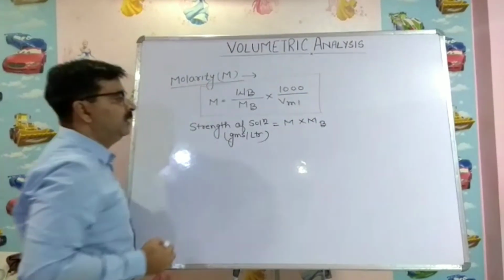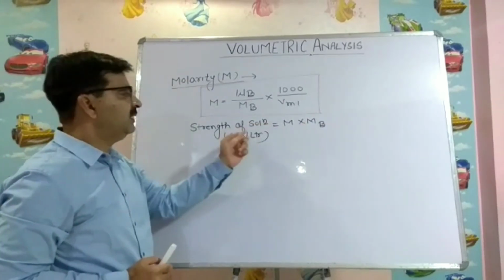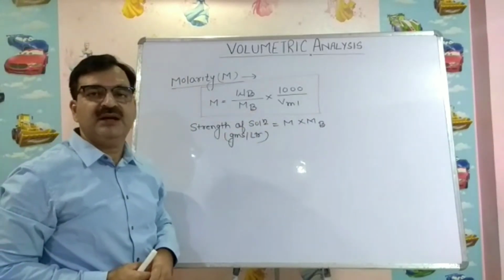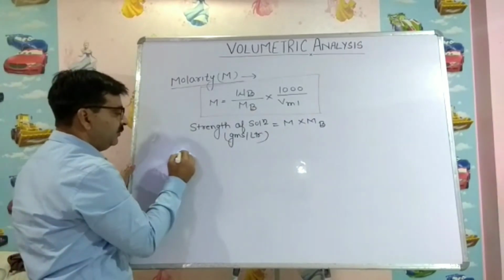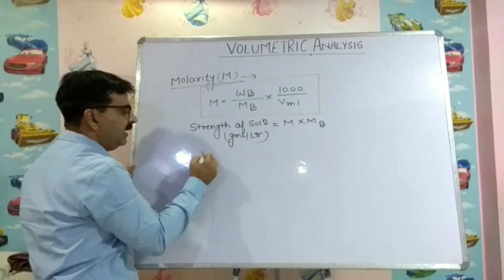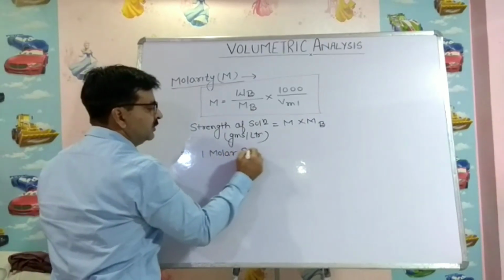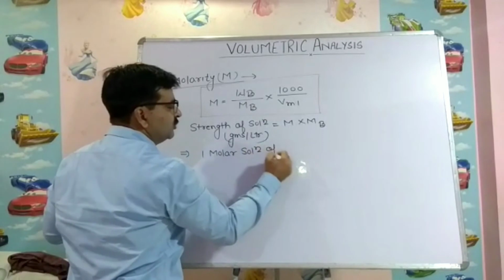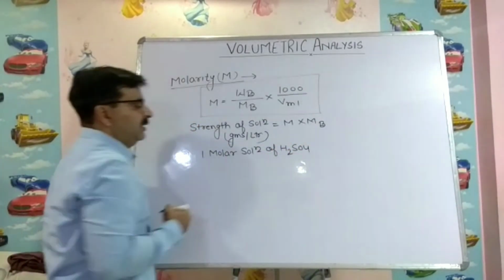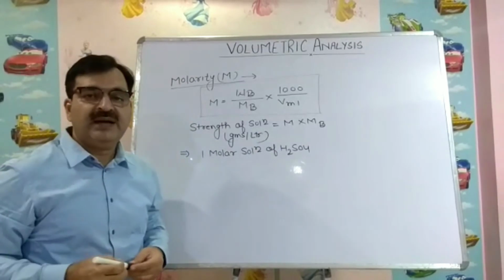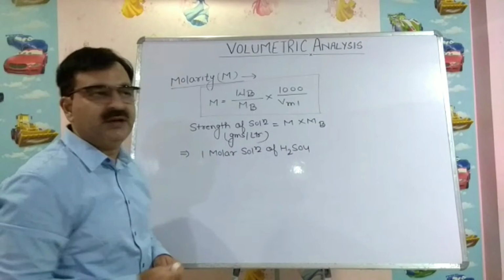So if we have molarity and molecular weight, then we can give the strength of solution in grams per liter. Now if we have a 1 molar solution of H2SO4, it means 1 gram mole of H2SO4 dissolved per liter of solution.